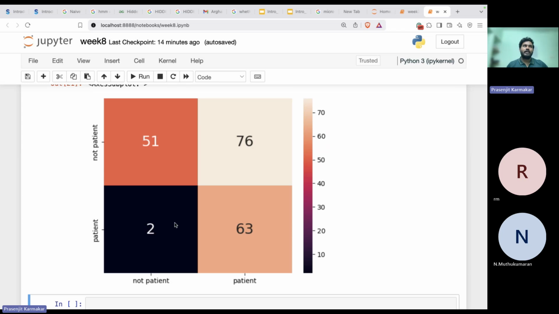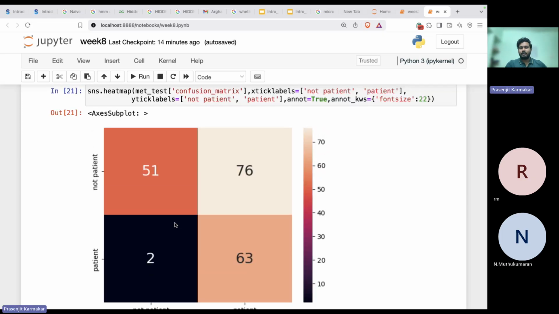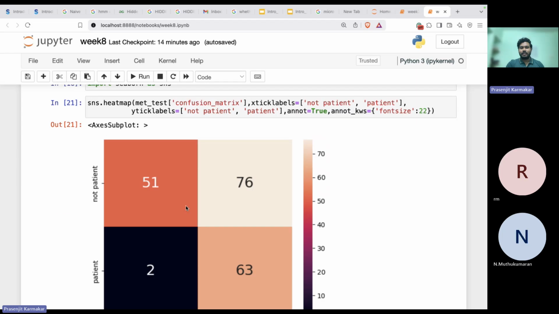So if a particular person has liver disease, then he will not likely be classified as you are fine, go chill, okay, like this. So it is more prone to predict you that you have disease, go check with doctors. So that means my model is safe. It will not hurt anyone.